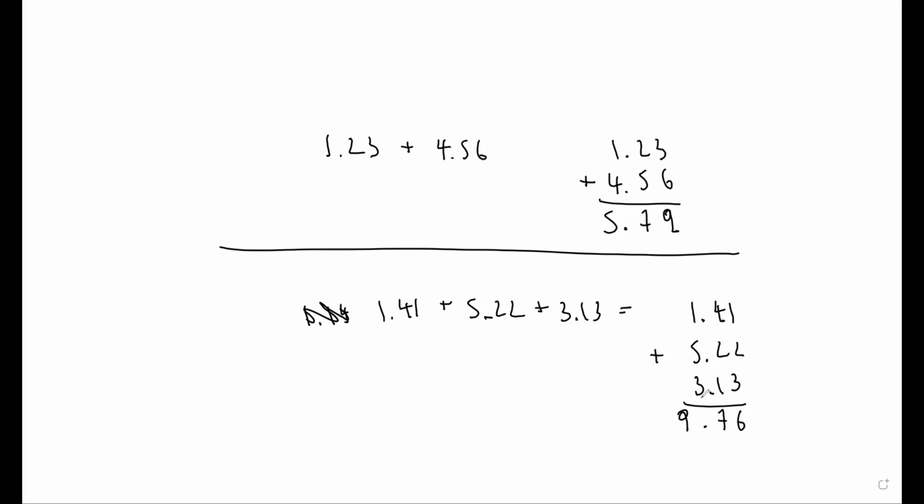So let's see what is next. Yes, the next one is an example of where you can use zeros as placeholders. So you've got 13.2 plus 1.57. Let's write this as 13.2, and then 1.57.